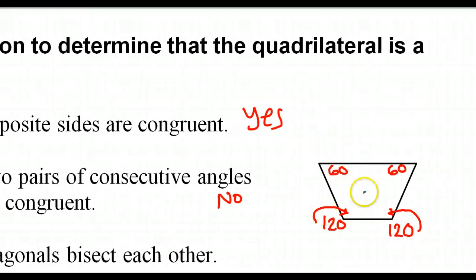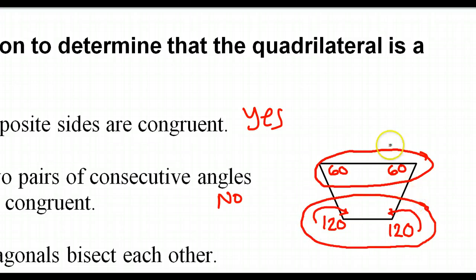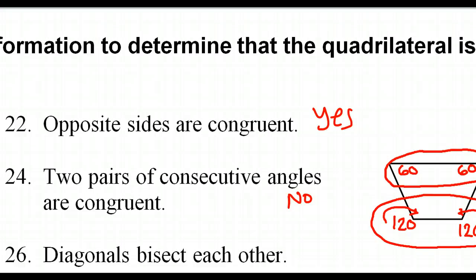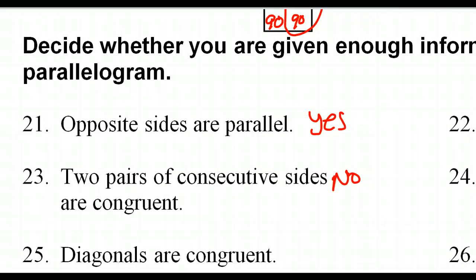But the reason why, picture a trapezoid. If I have an isosceles trapezoid, this is a pair of consecutive angles that could be congruent. And this could be another pair of consecutive angles that are congruent. But that does not have to be a parallelogram. It could be a trapezoid. So that is a no for that reason. That does not prove that it's a parallelogram.